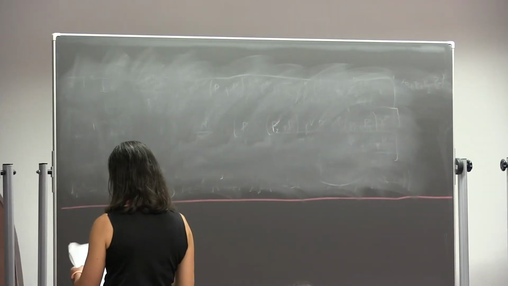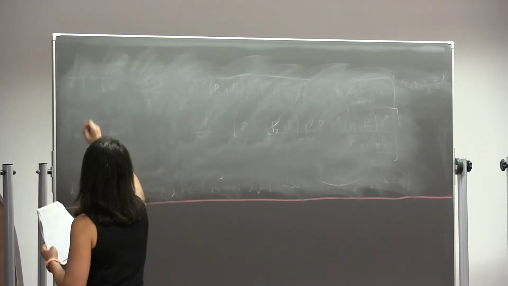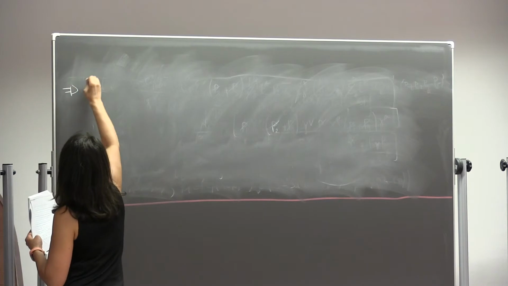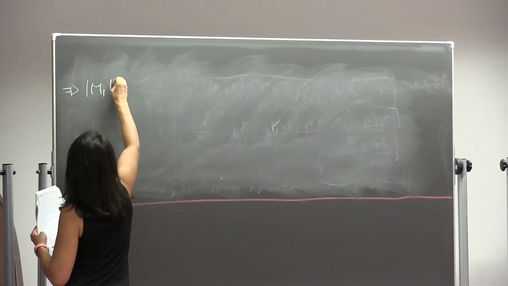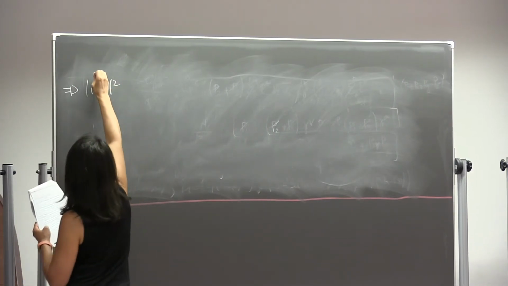So once combining everything together, m1 squared now becomes, this is the average one.